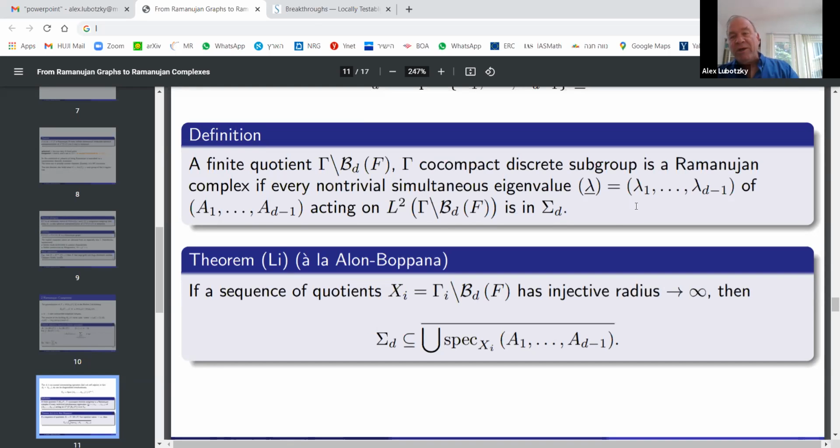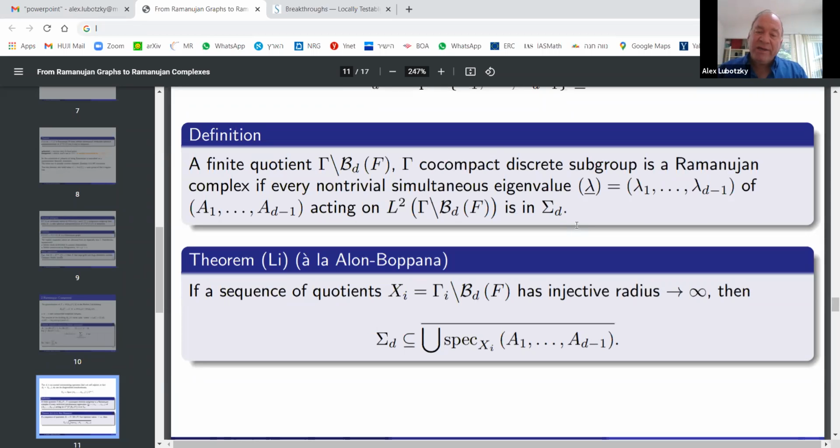It is a vector with d minus 1 complex numbers, the eigenvalue of this tuple of operators. This is like Plato's philosophy: every eigenvalue downstairs is coming from upstairs. Then we will call it Ramanujan. Okay, I'm telling a story today, so I won't tell you what non-trivial eigenvalues means, what trivial means. In the case of d equals 2, we had 2 trivial.